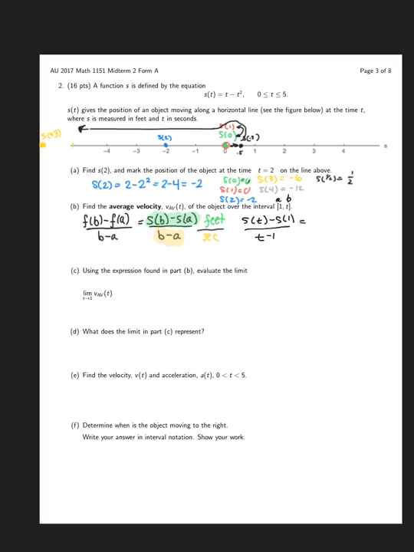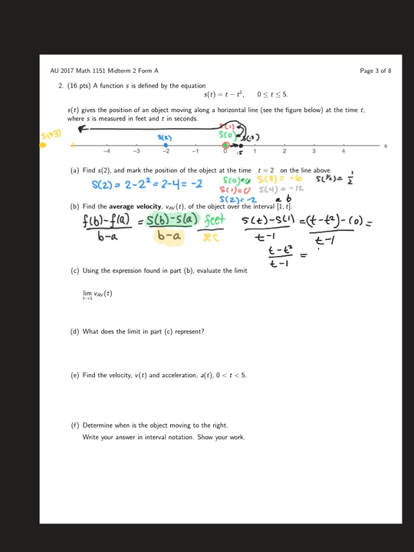And I'm going to go ahead and do some algebra now. S of t is t minus t squared. And we already said that S of 1 is equal to 1 minus 1, which is 0, over t minus 1. So this gives us t minus t squared over t minus 1.